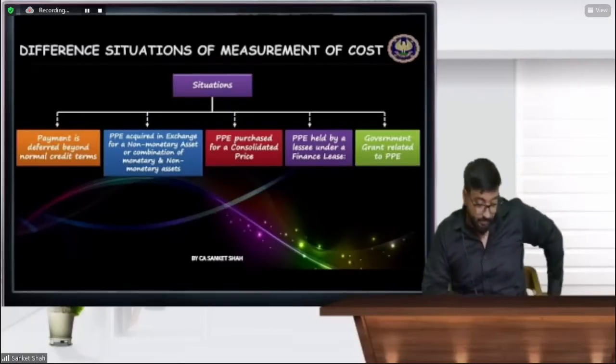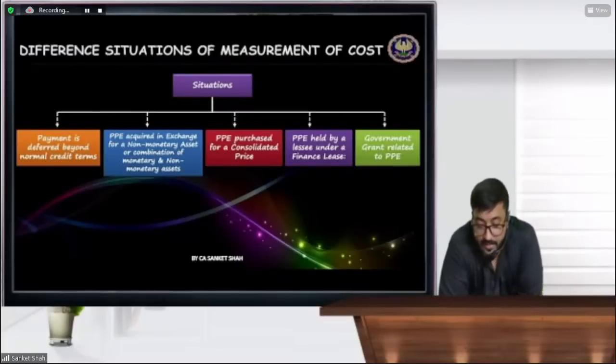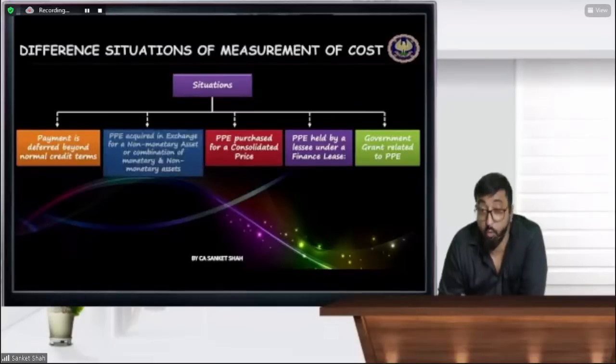PPE acquired in exchange for non-monetary assets or a combination of monetary and non-monetary assets. So friends, if PPE is acquired in exchange for non-monetary assets, now this is a very important concept.